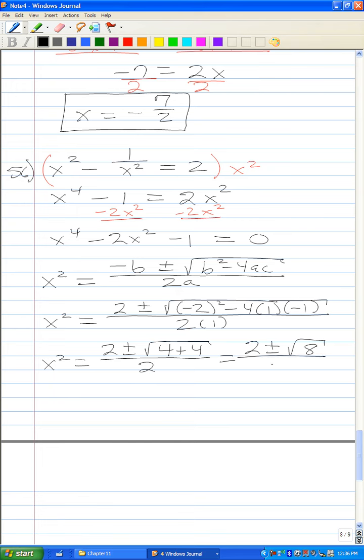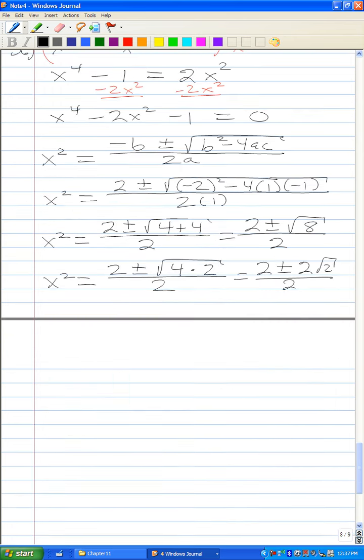I can write 8 as the product of 4 and 2, 4 being a perfect square factor, the largest perfect square factor of 8. The square root of 4 is 2. There's a common factor of 2 in the numerator.